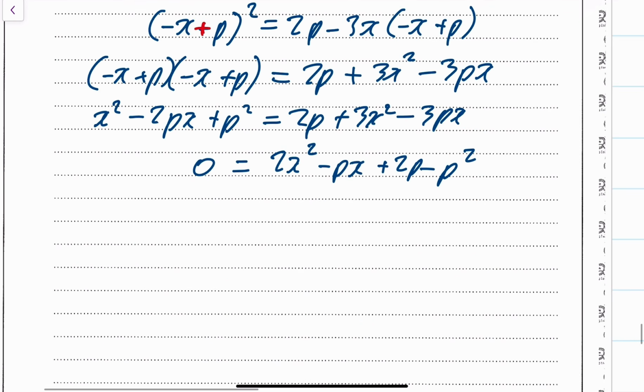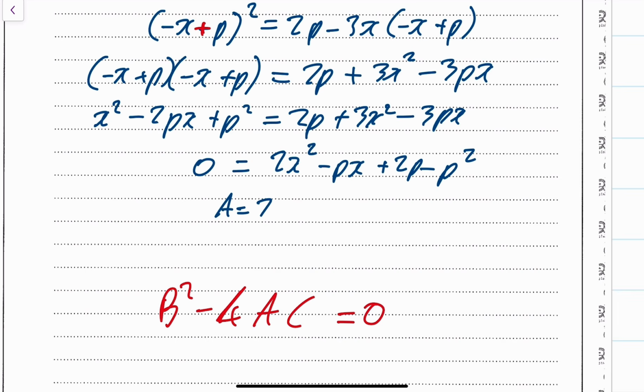Okay, I said this is about tangent, so we're going to be using b squared minus 4ac, and if it's a tangent, it's going to be equal to 0. Your a is 2, so just write down capital A equals 2, your b equals minus p, and your c, this is the awkward one, c is this whole thing, so 2p minus p squared.